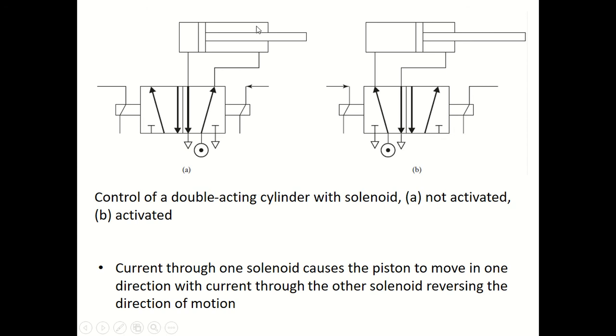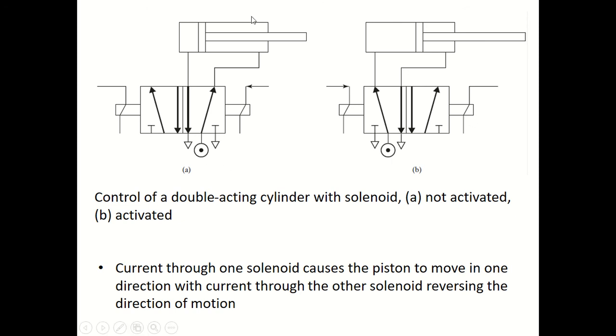Now, if you look at the diagram, this is the control of a double acting cylinder with a solenoid. The first figure is not activated, and the second is activated. The current through one solenoid causes the piston to move in one direction, with the current through the other solenoid reversing the direction of motion.